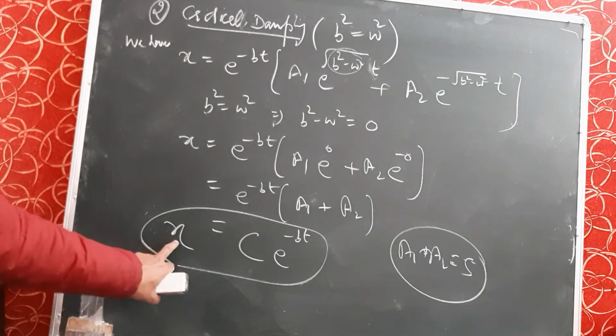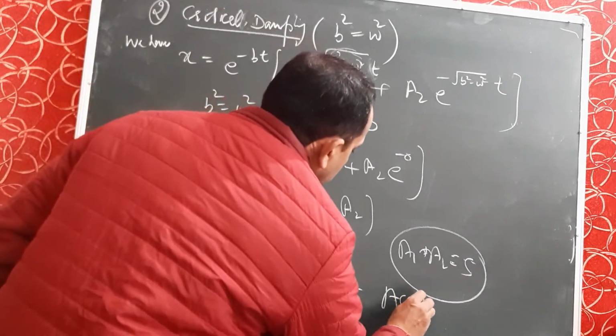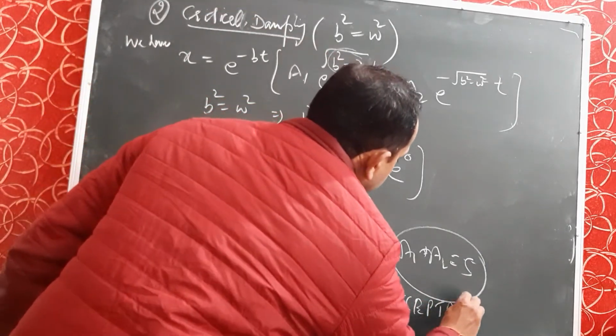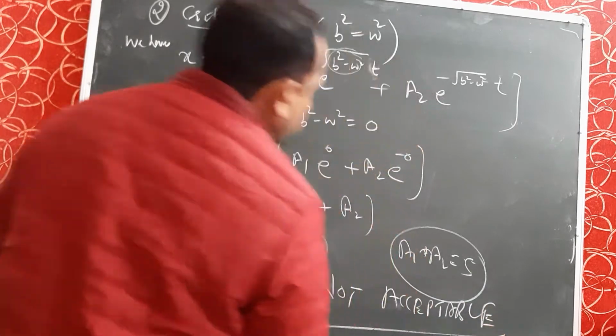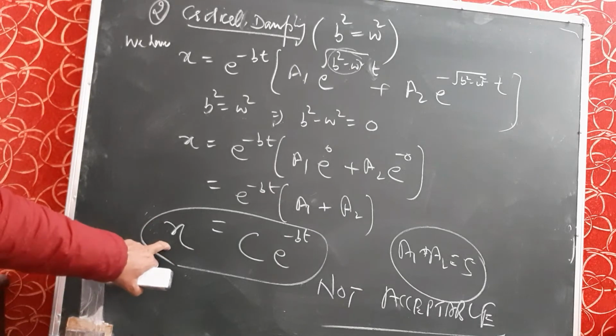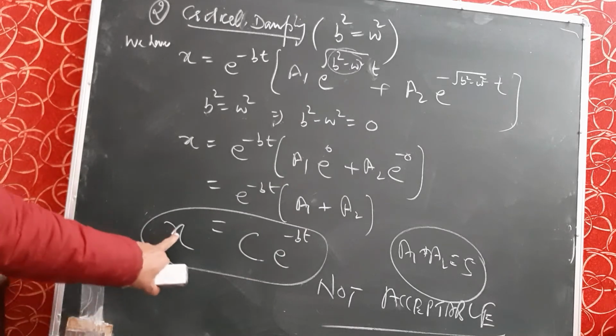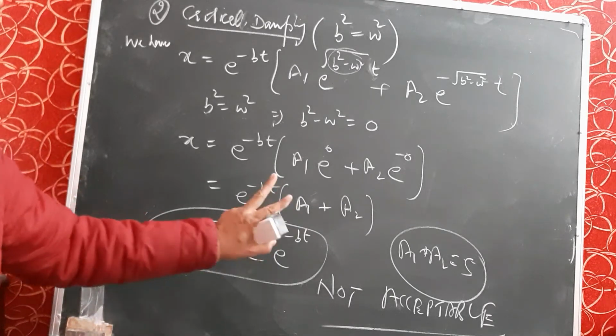But this solution is not acceptable. Why is it not acceptable? Because we have already discussed that the equation for a damped oscillator is a second order differential equation, and the solution of a second order equation must contain two terms, but this solution contains only one term.